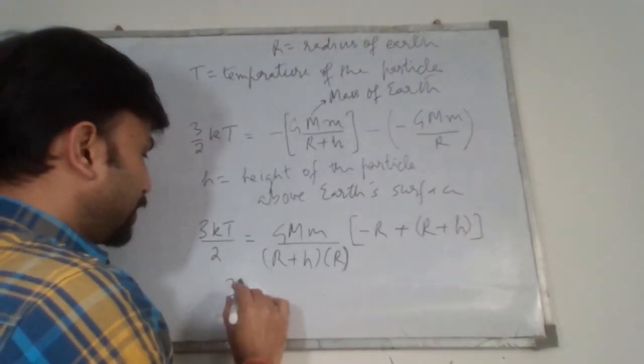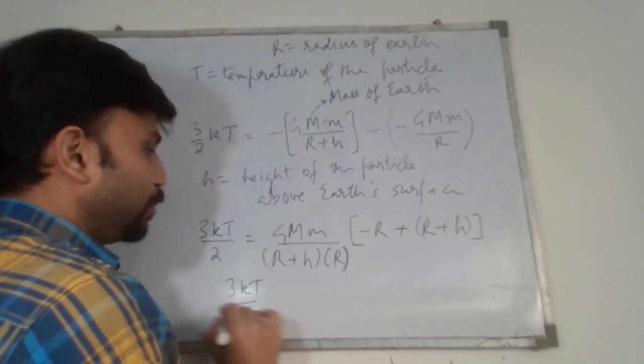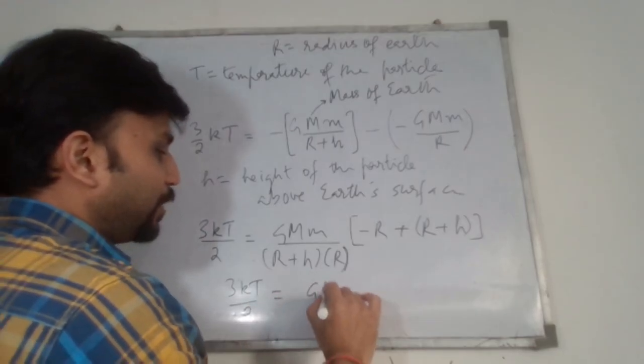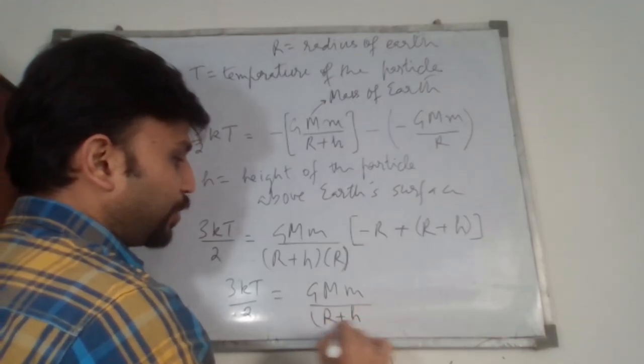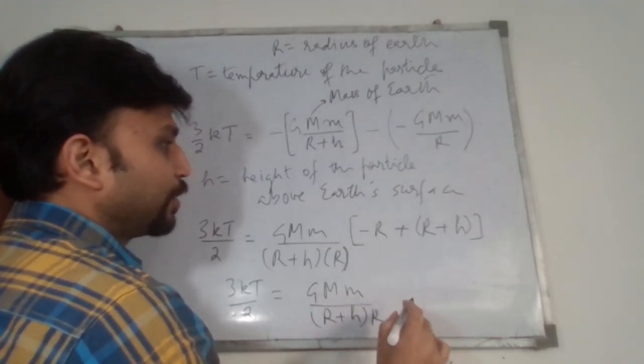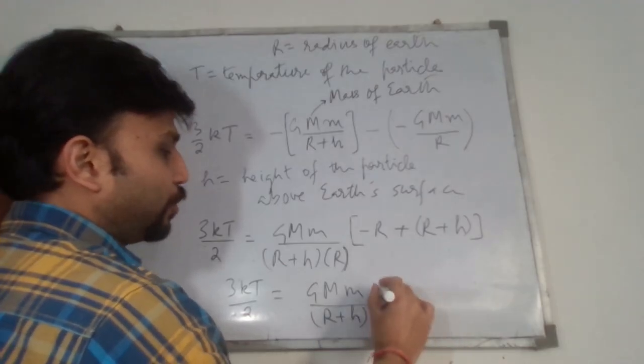Then we'll say 3 kT by 2 is equal to G capital M small m upon R plus h into R into small h.